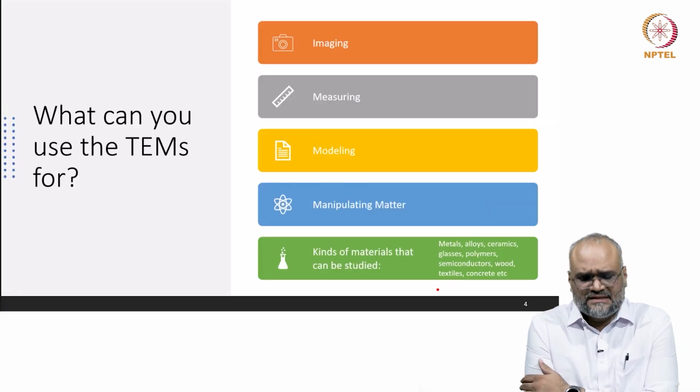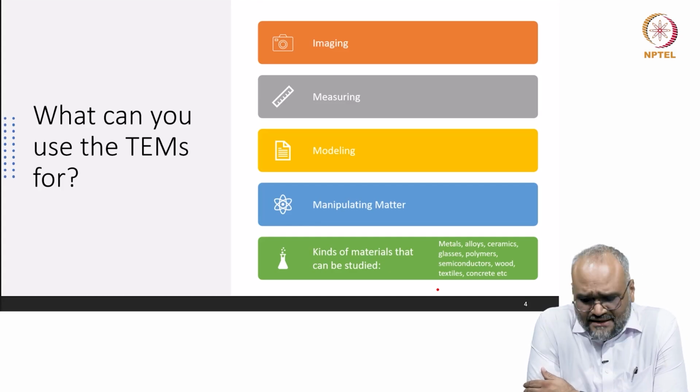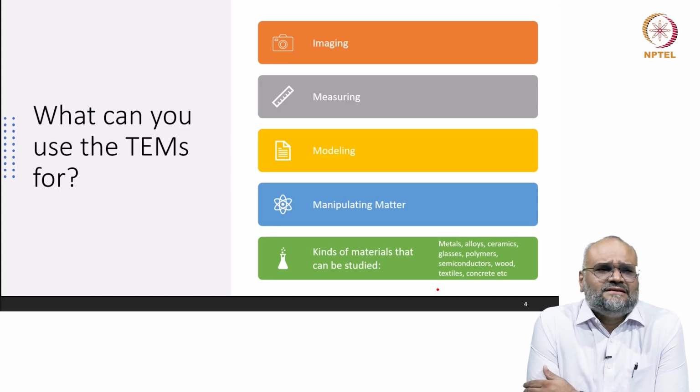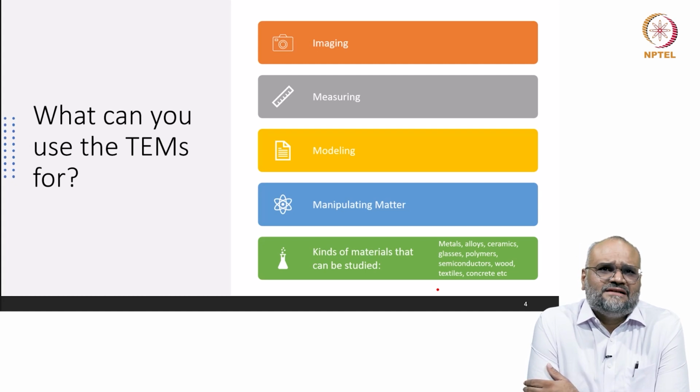Now if you look at what you use TEMs for, you can use TEMs for imaging, for measuring, for modeling, for manipulating matter on all kinds of materials. When I say imaging, the microscopes can be operated in various modes. It is conventional, classical bright field and dark field imaging, and then you have diffraction, and then you have something else called STEM and high resolution imaging.